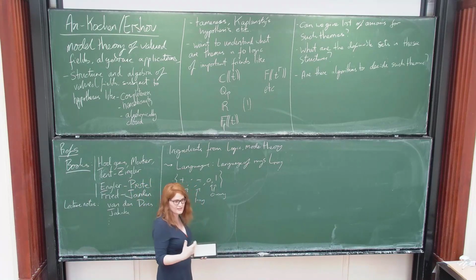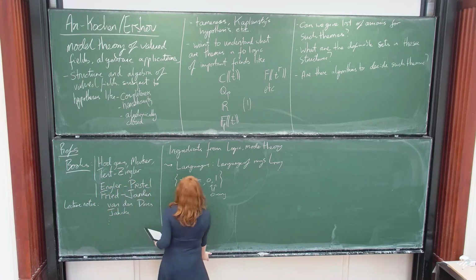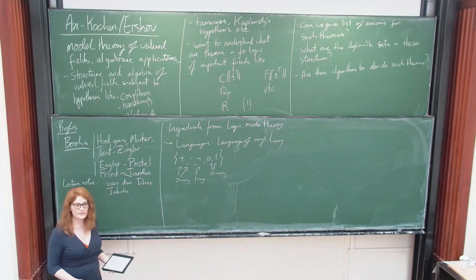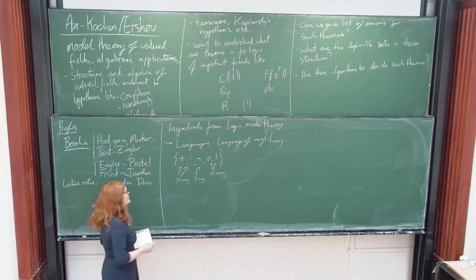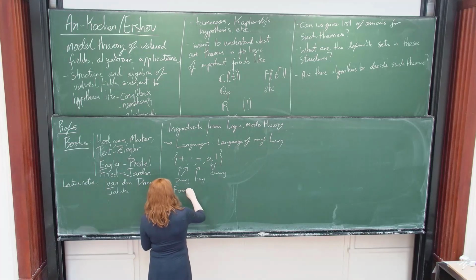You've seen the notion of a structure satisfying a formula earlier, and I'm just saying that since we're only talking about rings and fields and valued fields, things are what they seem. And then formulas in this signature are built up as you expect.